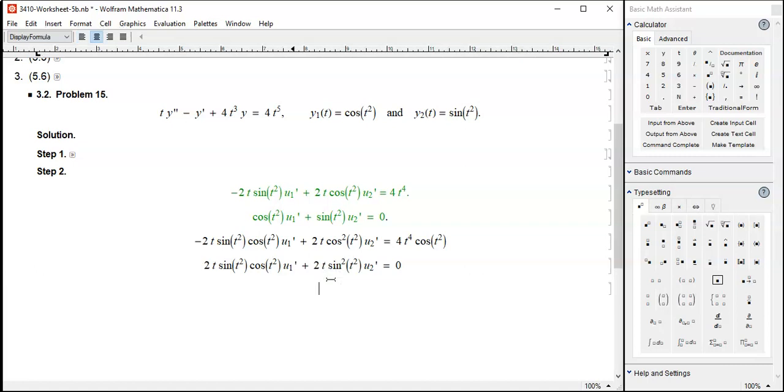Okay, I can do that. 2t is common, and cosine of t squared, as a matter of fact, not just cosine, cosine squared, plus sine squared of t squared times u2 prime is equal to this one.